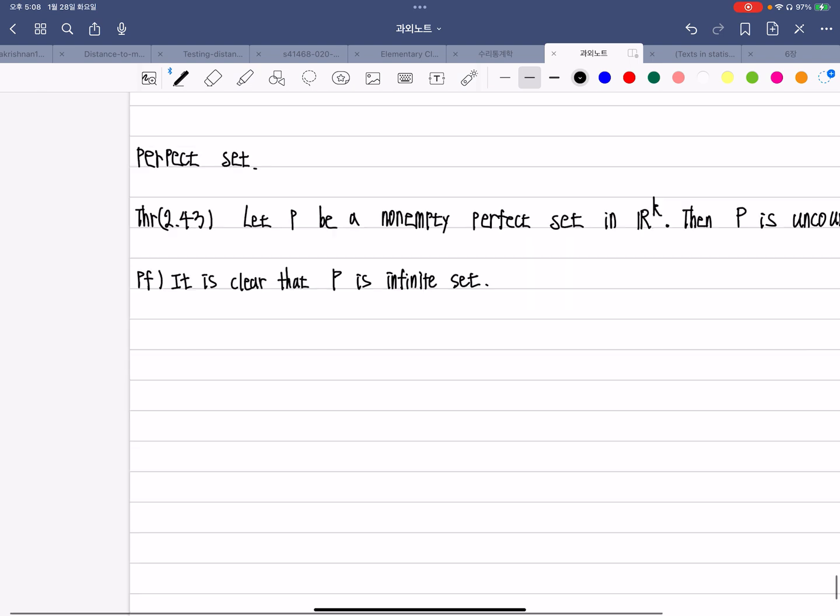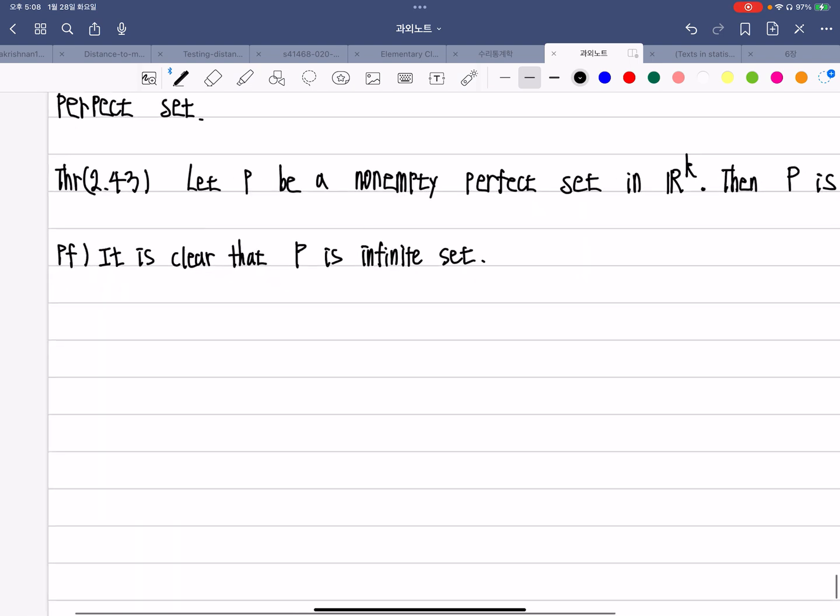We must show that P is uncountable. So suppose not. Suppose P is countable. Denote the elements of P by x1, x2, and so on.